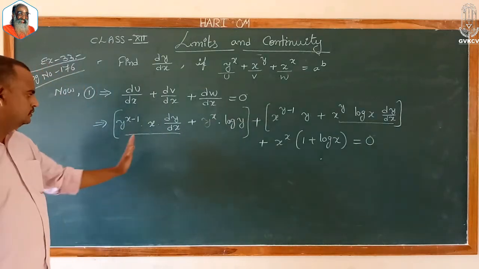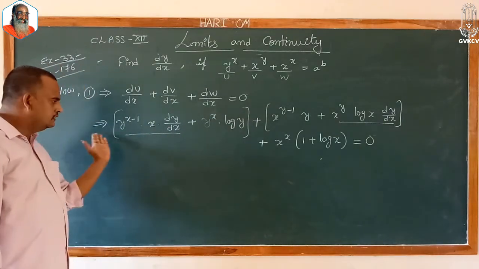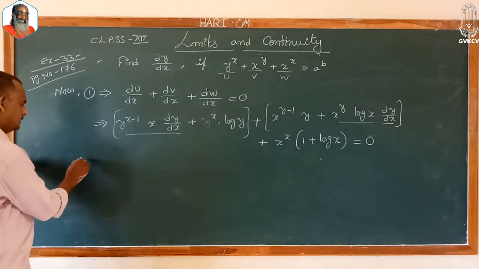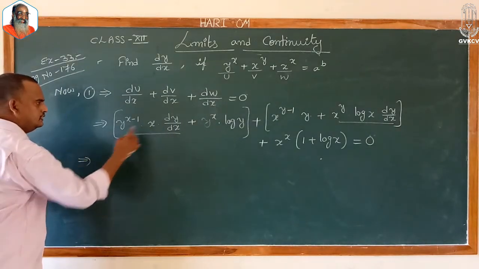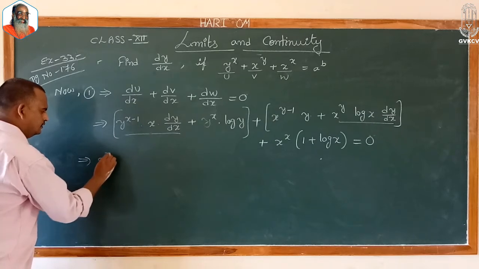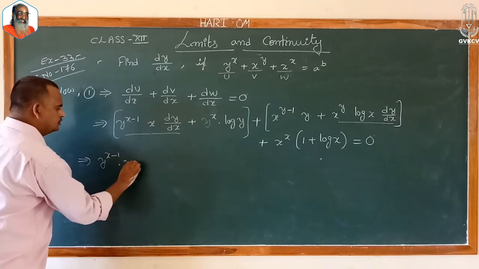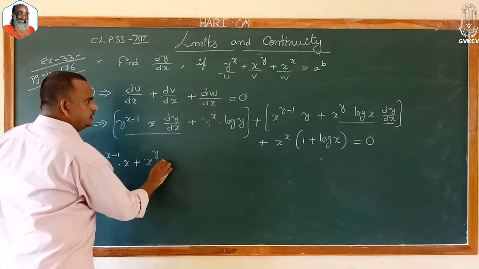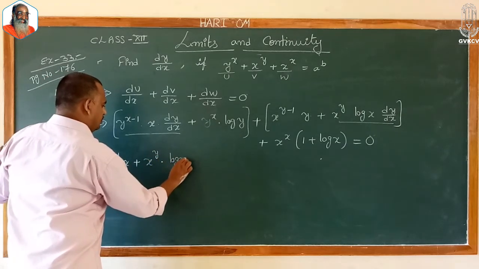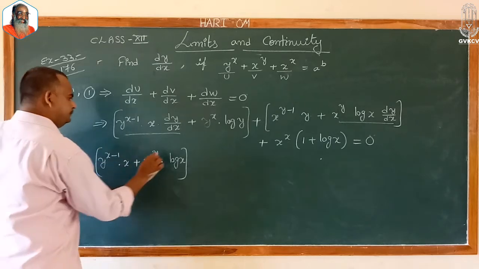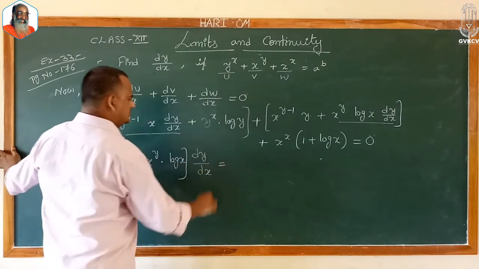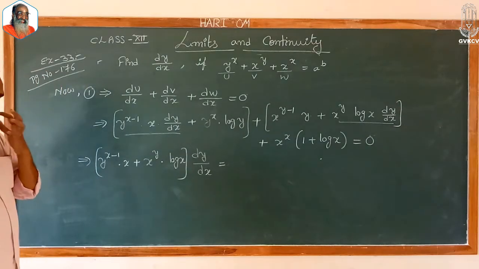So those two terms we can keep on LHS side, remaining all terms we can send to RHS side. That is, here I have y power x minus 1 into x, there I have x power y into log x into dy by dx is equal to, what I have done?